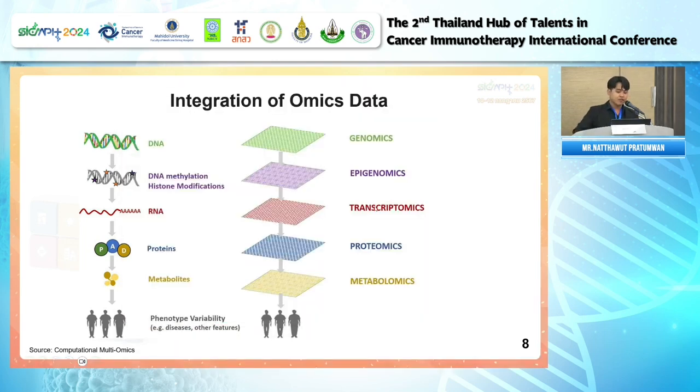From these reasons, many omics data are very important, because if we integrate many omics data together, we can answer questions about the cancer, or each cancer, at every level.